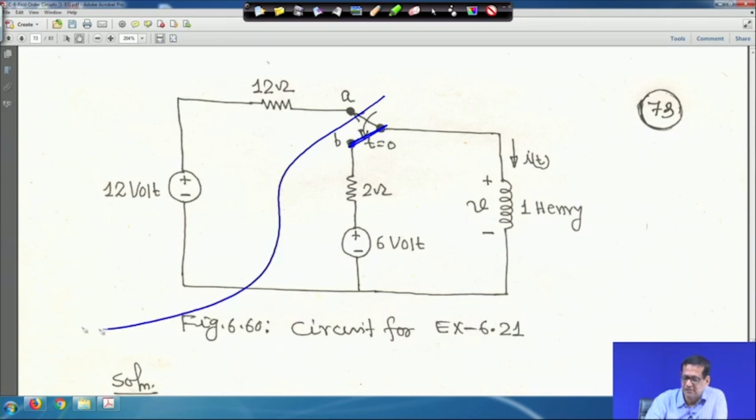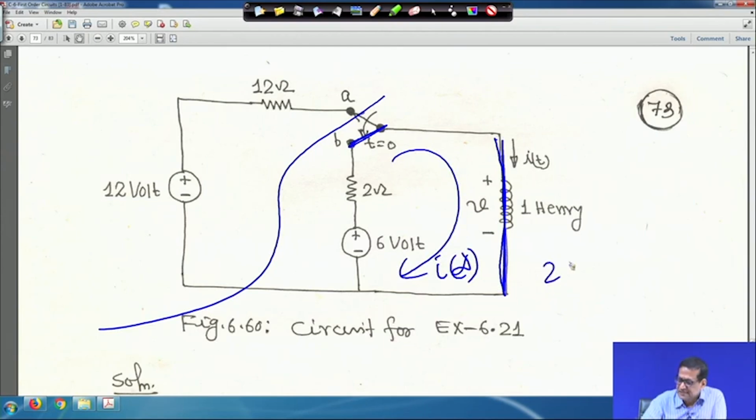So, this part is isolated. At that time you have to find out i(∞) first. I(∞) means suppose at t greater than 0 the circuit has reached a steady state. Again the inductor is a short circuit, and the current flowing through it is i(∞), the steady state value.